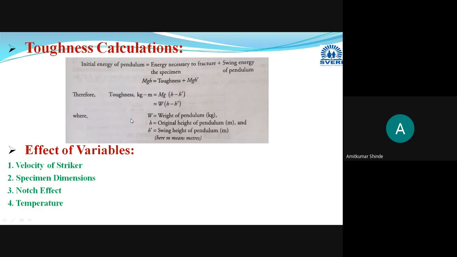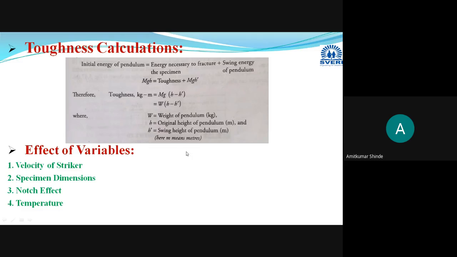So using this impact test, you are getting the toughness value, and this toughness value is nothing but the maximum energy that a material can absorb before its fracture or failure.